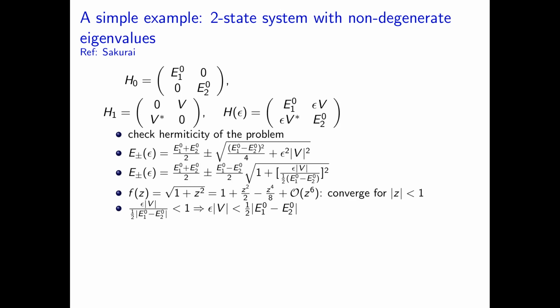You can arrange things a little bit here and there to bring it in the form of 1 by square root of z, and you know how the expansion of 1 by square root of z works.